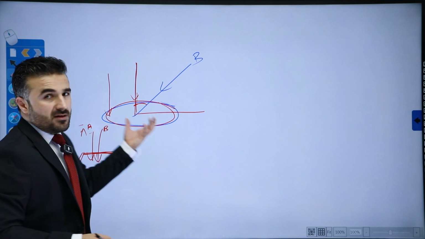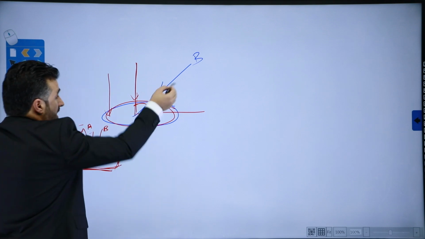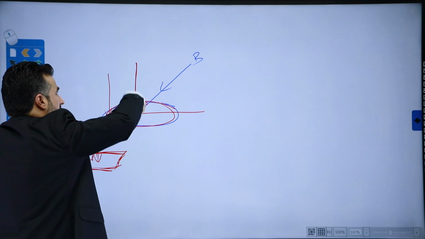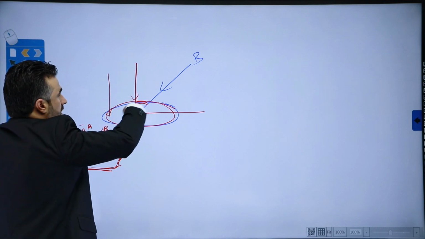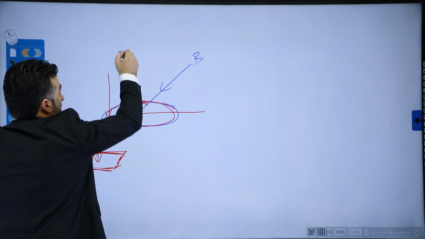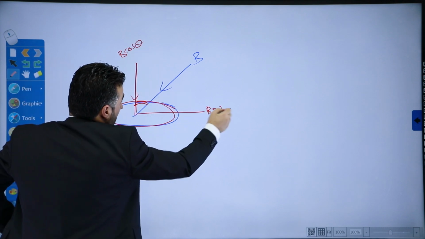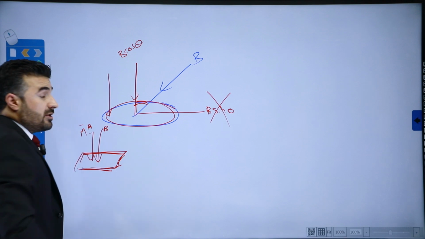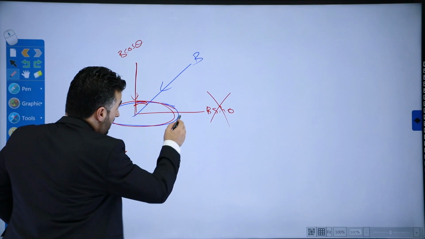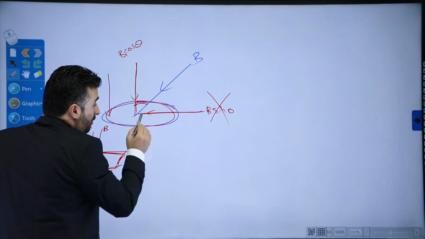Okay, so of course we call it the plane of the area here. Because the angle is basically with the vertical here, this component is going to be B cosine theta, and this side is going to be B sine theta. But like I said, this component is going to induce no electromotive force, because you can see that this component is perpendicular.